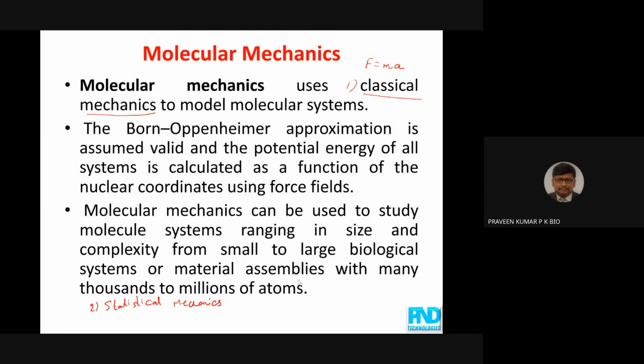All these motions can be measured in the form of energy trajectories, each and every atom. If you have 200 into 12 or 13 atoms, that many energy trajectories you can find.